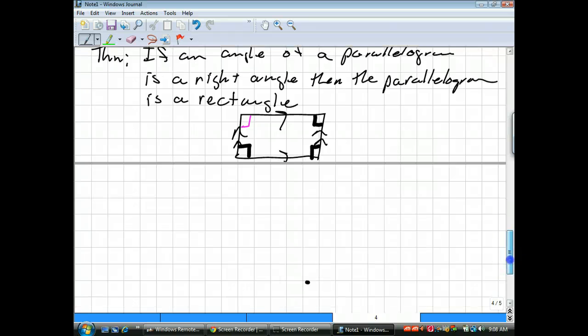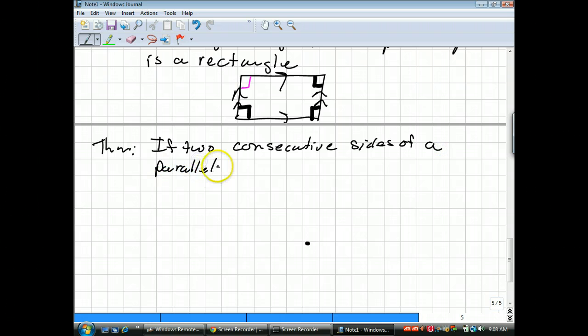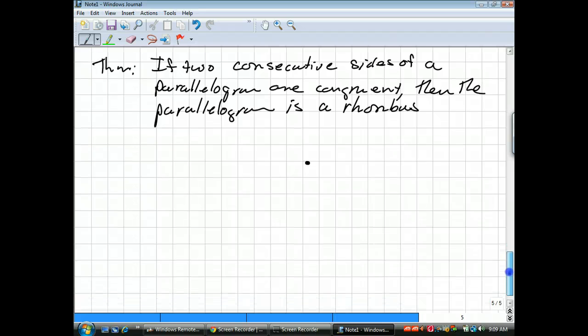And the last theorem says if two consecutive sides of a parallelogram are congruent, then the parallelogram is a rhombus.